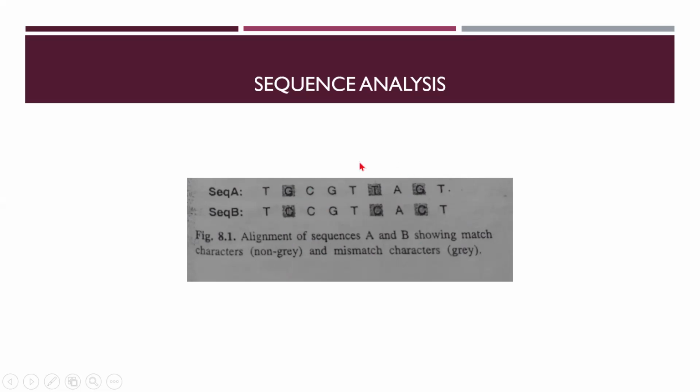Sequence alignment is nothing but arranging two sequences in such a way as to get the maximum number of matches. So here in these two sequences, how many matches do we have? 1, 2, 3, 4, 5, 6 matches, and there are 3 mismatches.